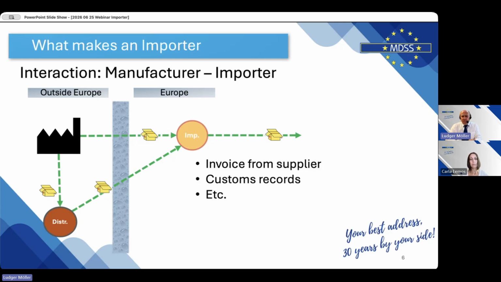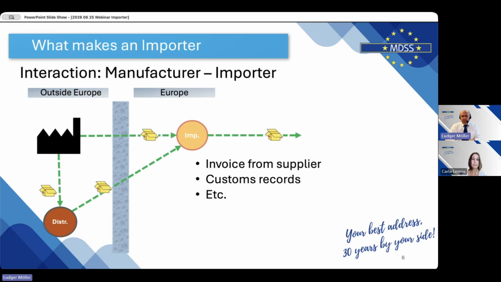And then he puts it on Amazon, and somebody in Europe buys this container of products, maybe not via Amazon, but by some other means, and he gets this product, and then whatever is in the regulation needs to be done, and then he can sell it. So that makes the importer: he buys product outside the EU and imports it into the EU.